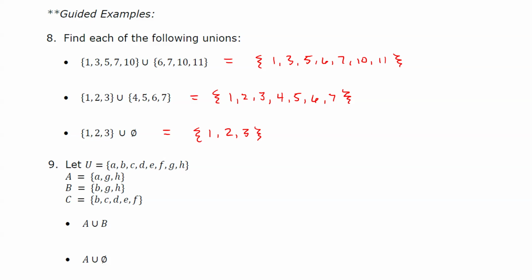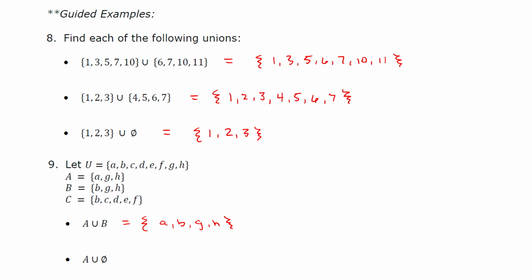Okay. Then for number 9, we want the union between set A and B. So I'll take the values between both sets. Now, if they both have a G and they both have an H, I don't have to state both of those twice.